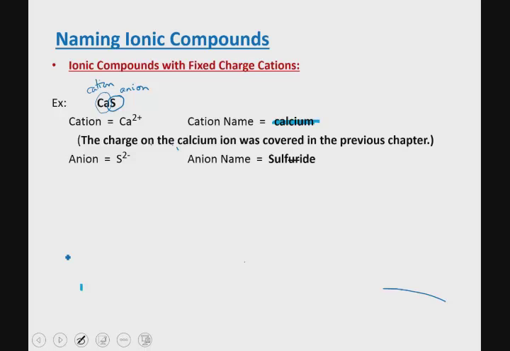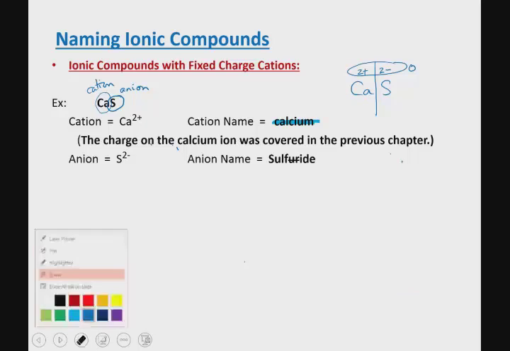Another way that you can figure out the same thing is by looking at the chemical formula. If the chemical formula of the compound is CaS, and we know that calcium has a charge of 2 plus, and overall the charge of the formula unit should be 0, then what should be the charge of the anion? 2 minus, exactly. So either way you figure it out, you get the same answer.